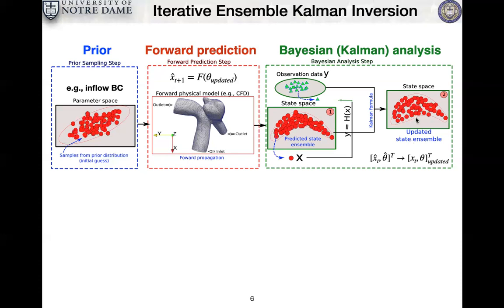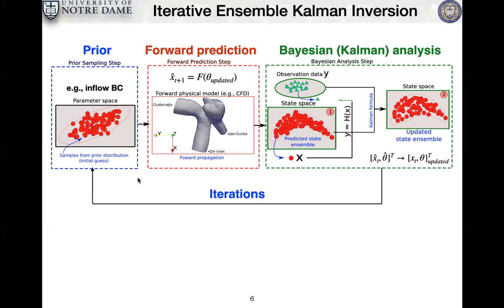And then we substitute the posterior for the previous prior, put it into the forward model and the Kalman update again. So using this iterative method, we are constantly updating the theta distribution to let it approach the ground truth step by step through the iteration process.